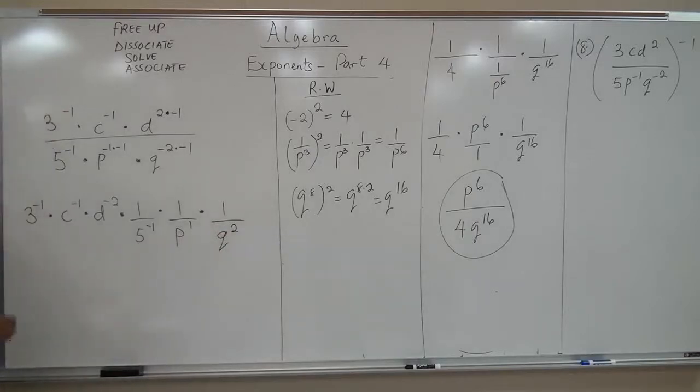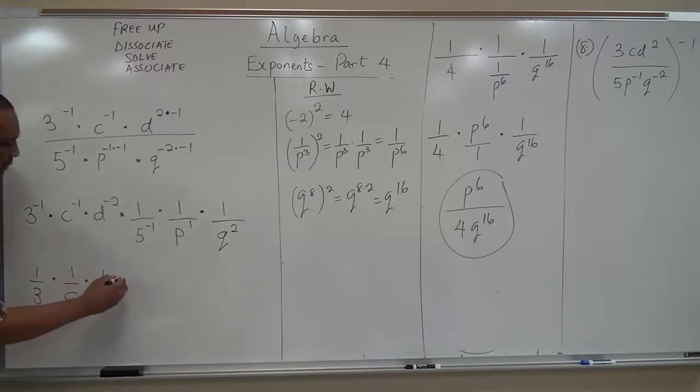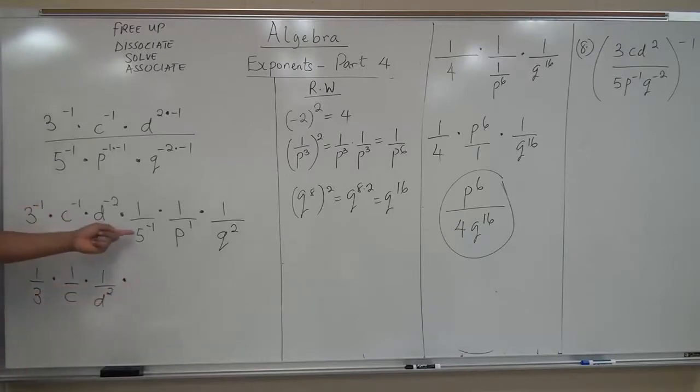So this will give me 1 over 3 times 1 over c times 1 over d squared times, remember, this is 1 divided by 1 over 5, that is what it is.